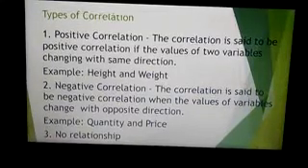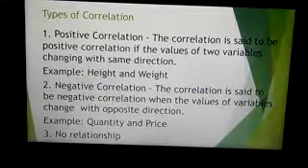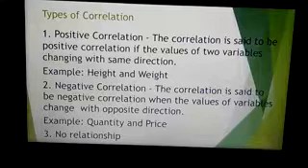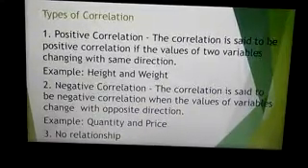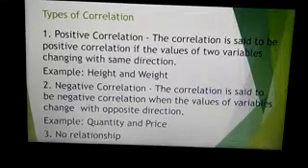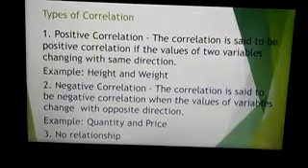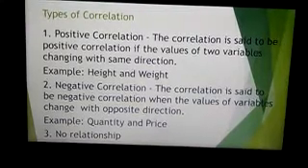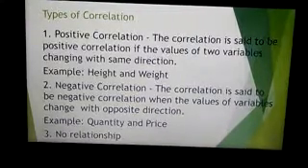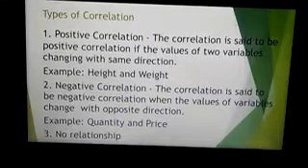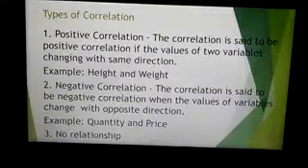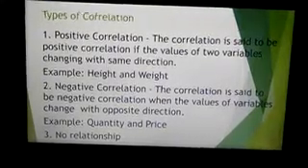When there is a sale at a certain company, you want to buy many things, so the quantity increases, but because of the sale, the price decreases. So it is increasing versus decreasing, therefore there is a negative correlation. The last type of correlation is what we call no relationship, no relationship at all, when our correlation is equal to 0.